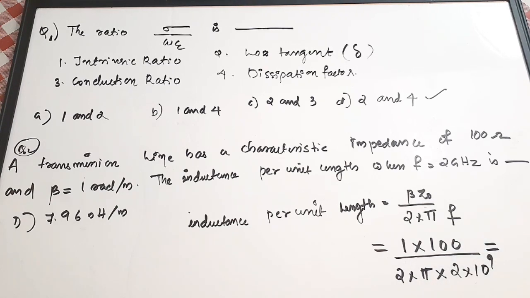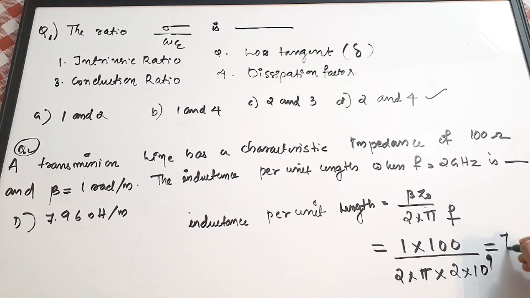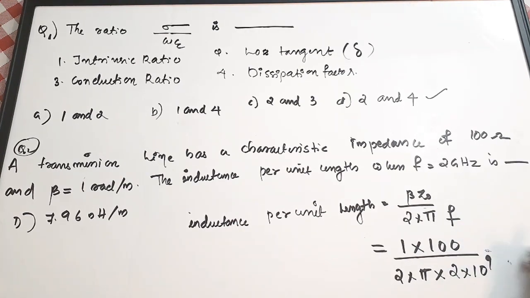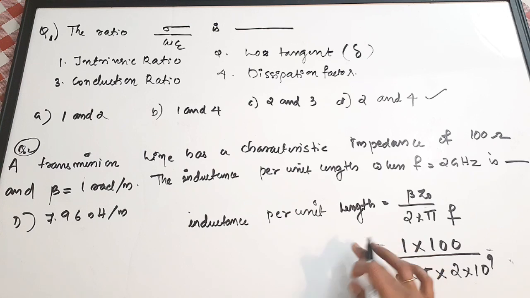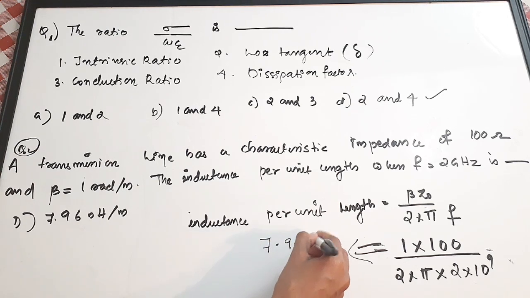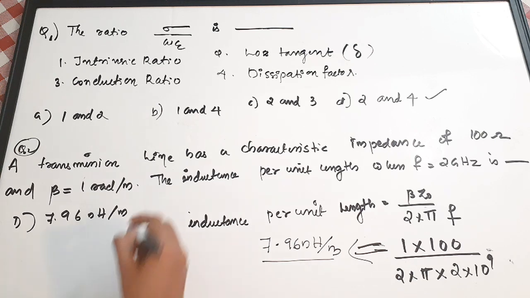If you solve it, you'll be getting the value as 7.96 nanohenry per meter. This is the inductance per unit length. So it is not just Henry, it is Henry per meter. So the correct answer here is option D.